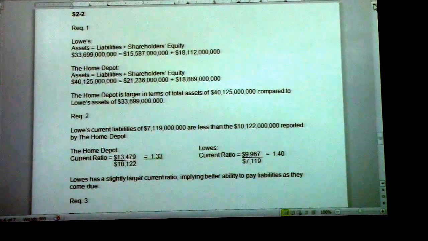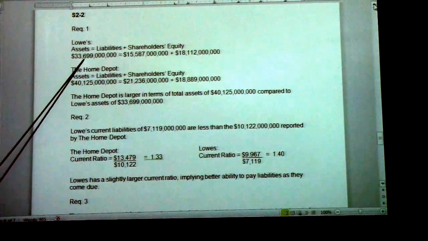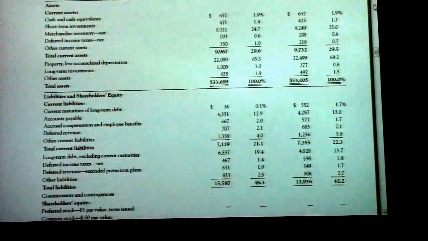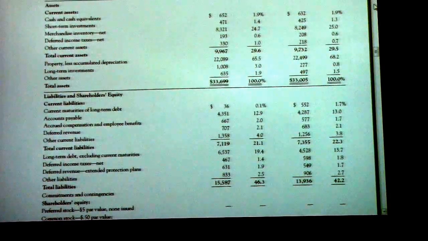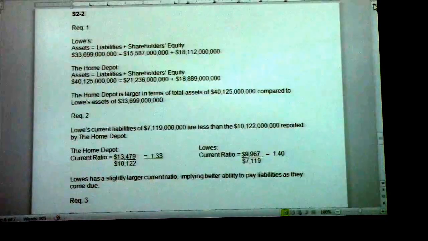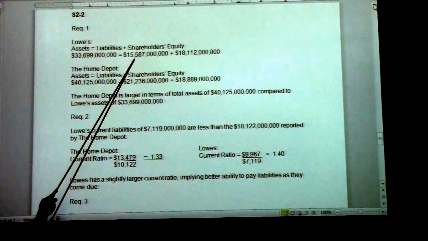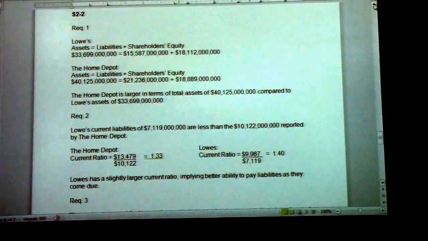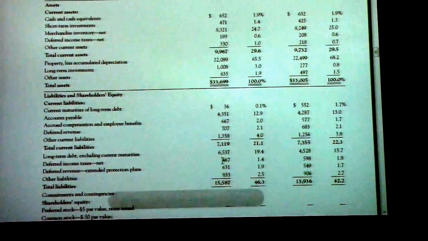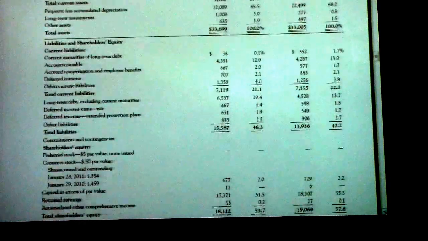We want to simply say Lowe's has total assets of 33 billion here, and we can confirm that by going over here again, and we can see Lowe's has the 33 billion. And we set that equal to the total liabilities here. Let's scroll over and find Lowe's total liabilities. Total liabilities, if we go down to here, bring this up a little bit further to the top.